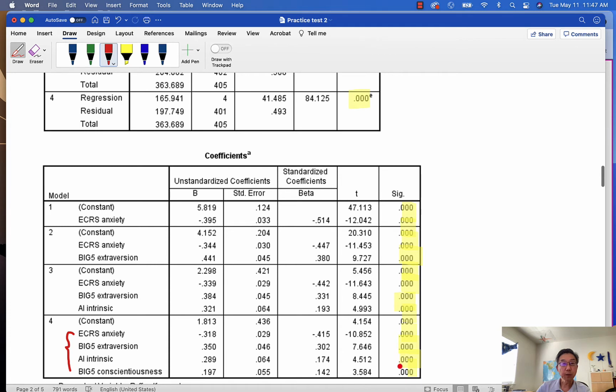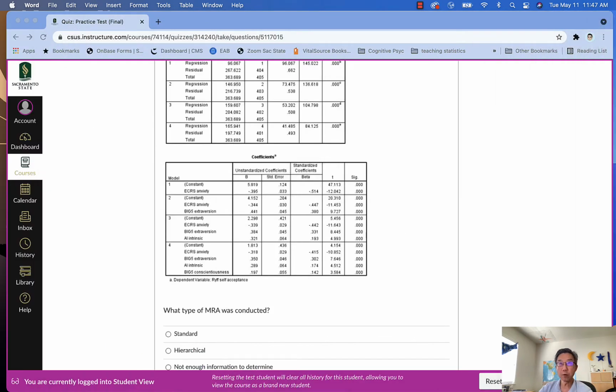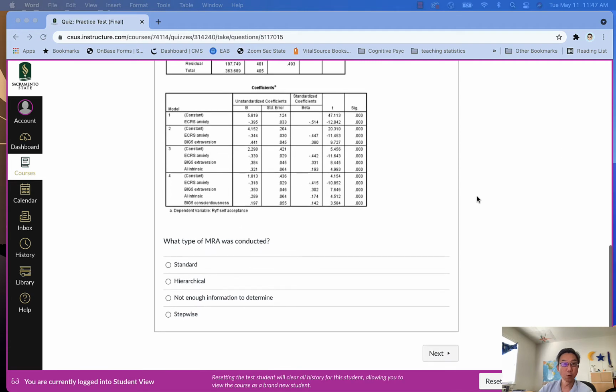And all the predictors selected in stepwise multiple regression have to be statistically significant. So that's what happens here. Now we have analyzed the situation and we are ready to answer the questions. So first question, what type of multiple regression analysis was conducted? And we know it's stepwise.